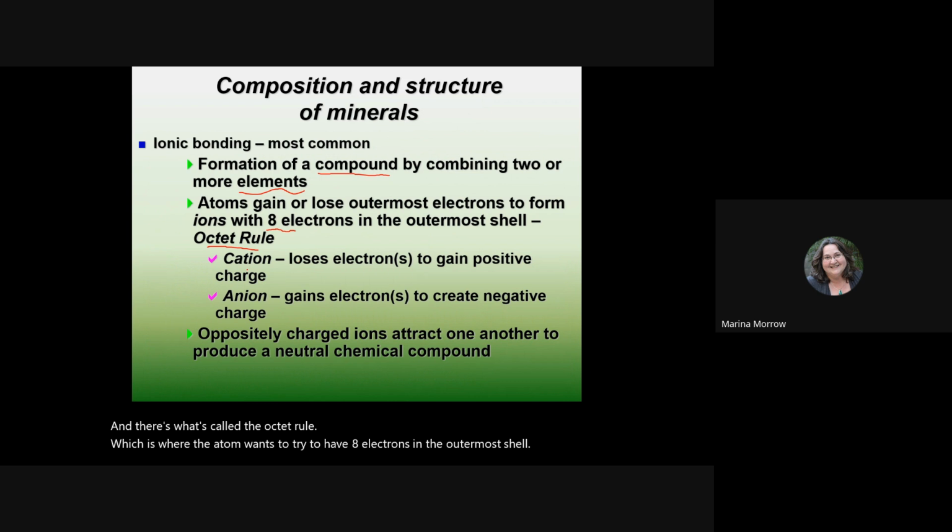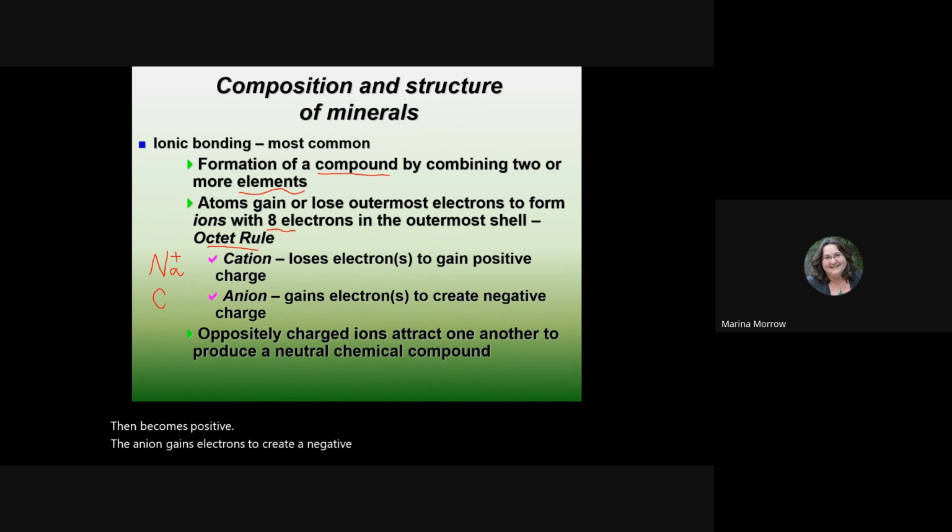We've got a nickname here of cation for the element that loses the electrons, so they become positive. So we were looking at sodium and chlorine. Sodium gives up its electron and becomes positive. The anion gains electrons to create a negative charge.